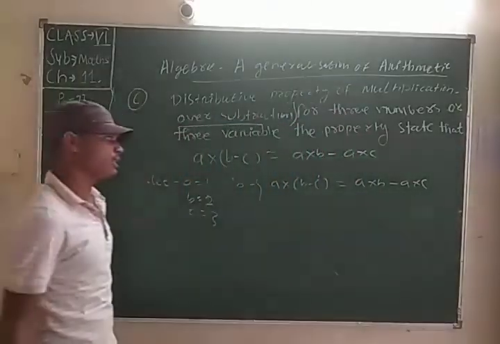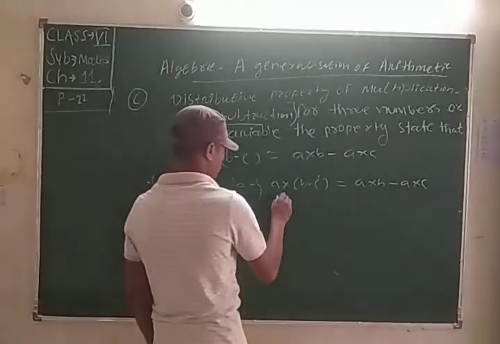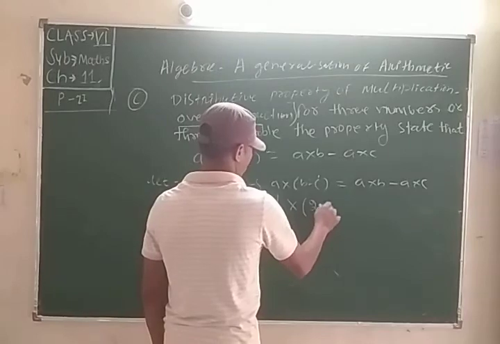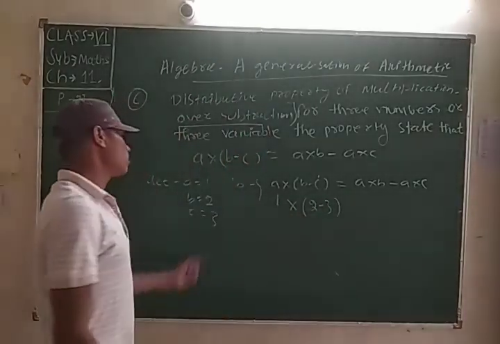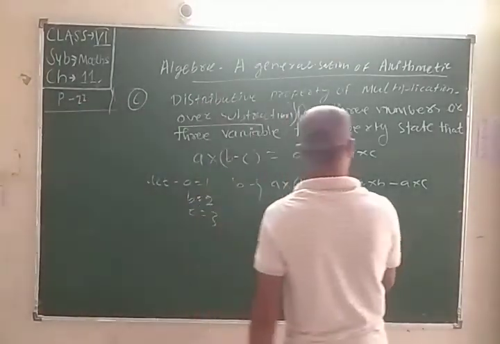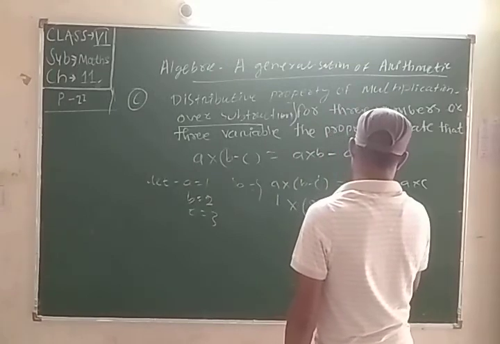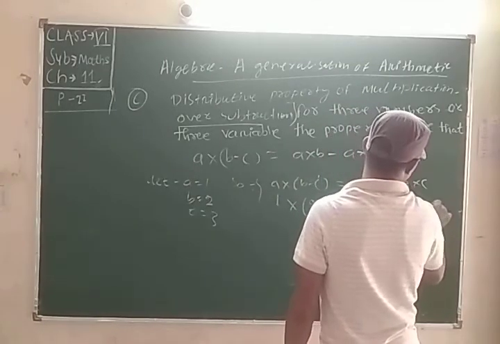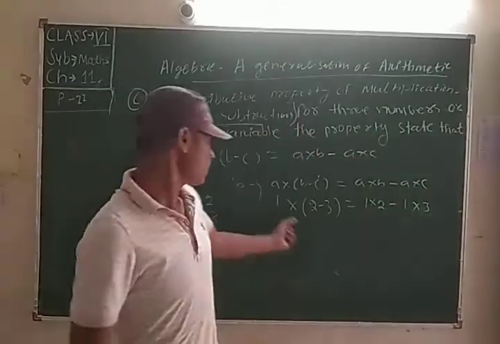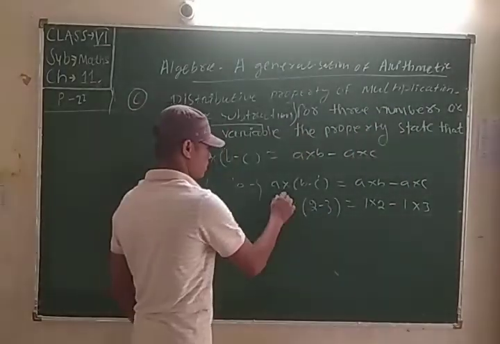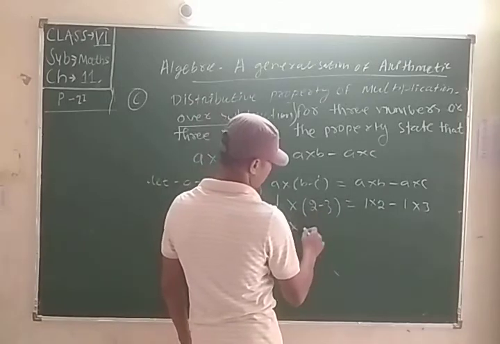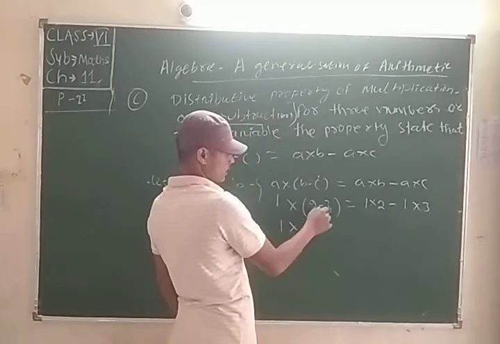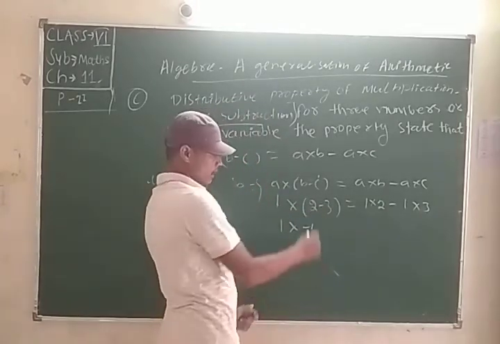Now the value of a is 1 into 2 minus 3 equals 1 into 2 minus 1 into 3. Now solve it: 2 minus 3 equals what? Minus 1.